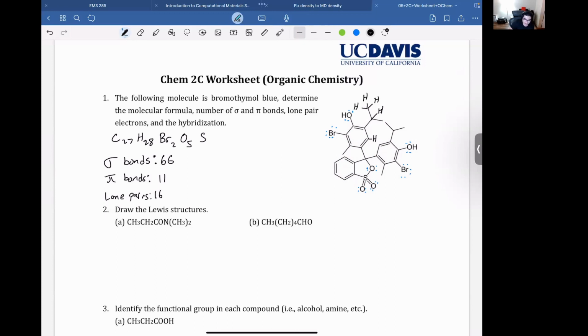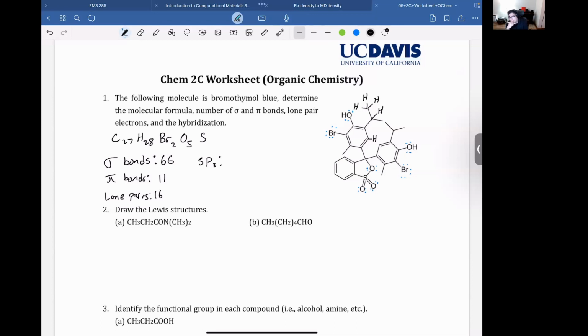Now we can talk about hybridization. So I'm going to start with sp3 hybridization. And we're going to differentiate between carbons and oxygens.